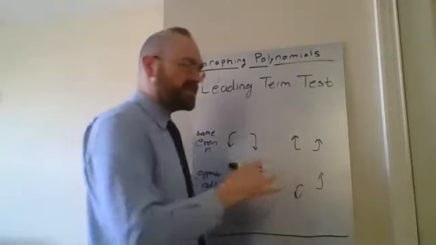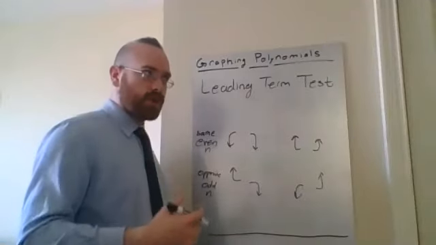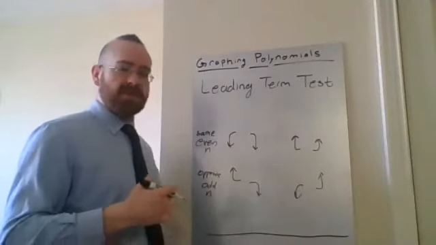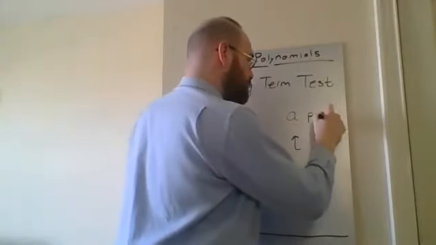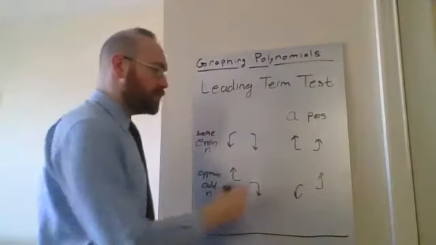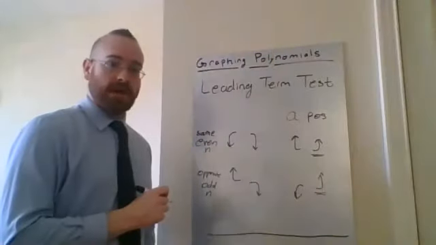So if you think of things that get bigger, that are growing, you might think of something that's positive. So if A is positive, notice that the right side is always going to go up.